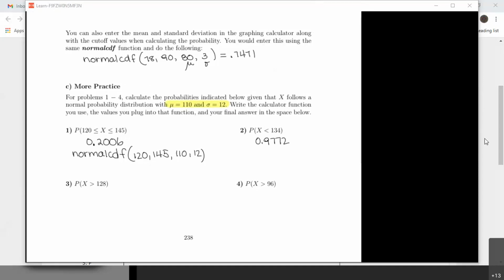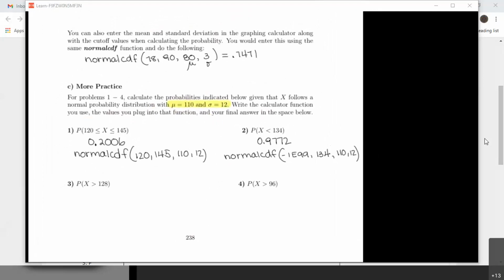Okay, and to do that one, I'm not plugging the TI, I'm just writing it here because it's easy to write the actual command you would type in. Here you have no lower bound, so you have your faked out negative infinity down there. The highest value you care about is 134. And again, 110 and 12.